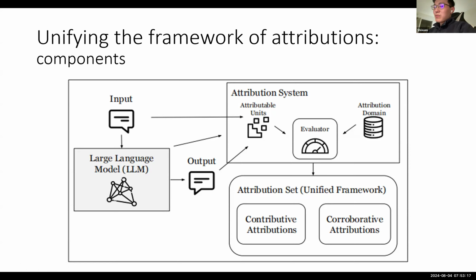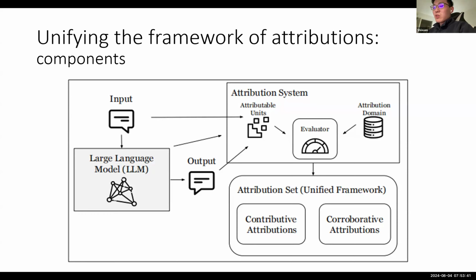It gives a score for the pair of claim and your data source. Once you have the score, you could select something and put them into the attribution set. The attribution set is just the result of your attribution process.